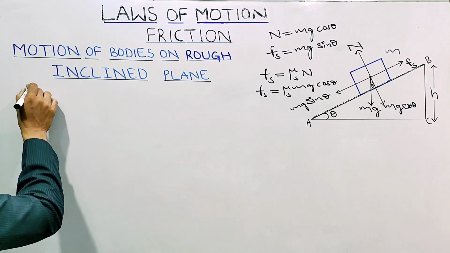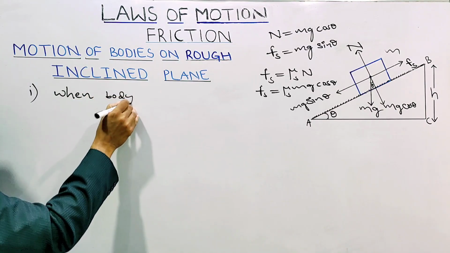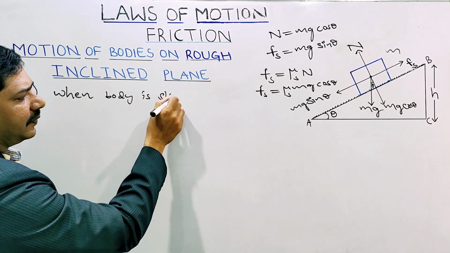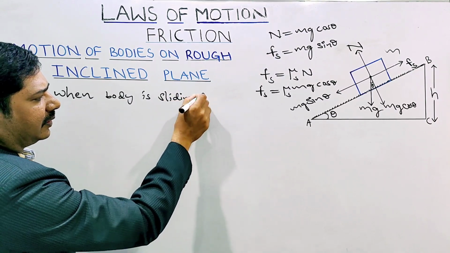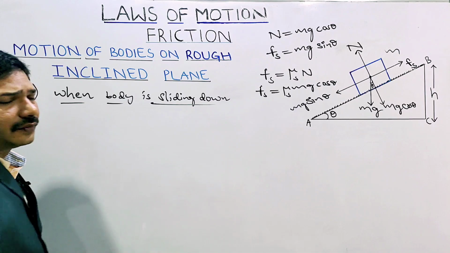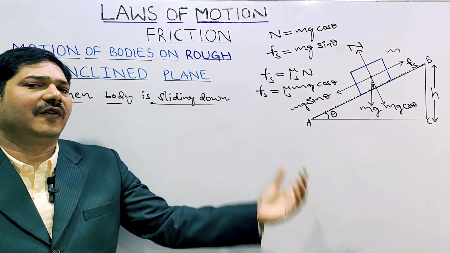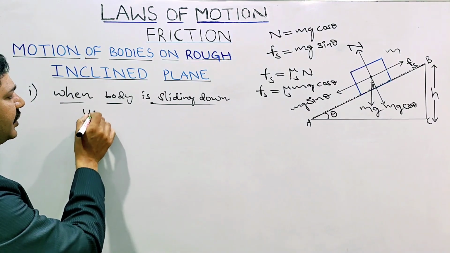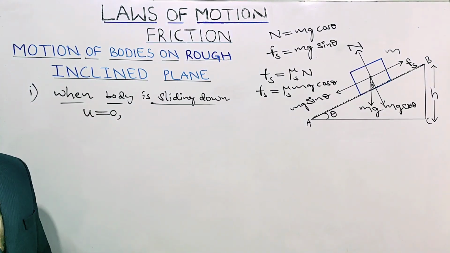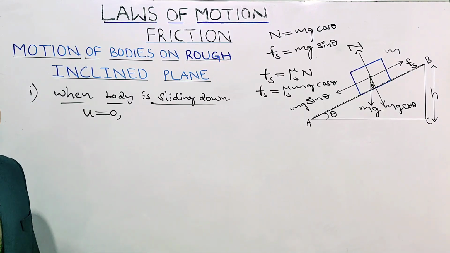Here, when the body is sliding down, observe that the body starts from rest, so the initial velocity is 0, and the acceleration we have to calculate.